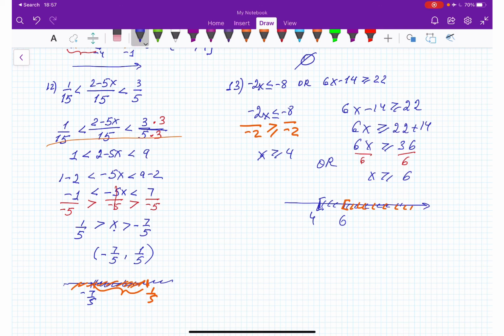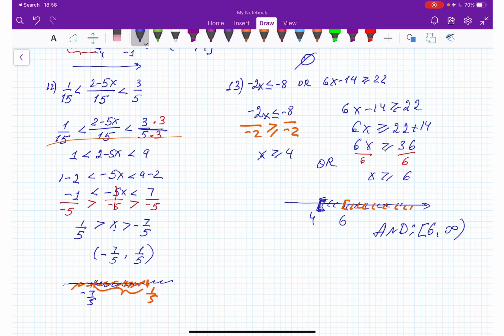Now, if we would have and, the solution would be square bracket from 6 to positive infinity, yes? But we have or, so we have to include everything, not only 6, but 4. 4 is starting from here, either this or that, whichever starts earlier.